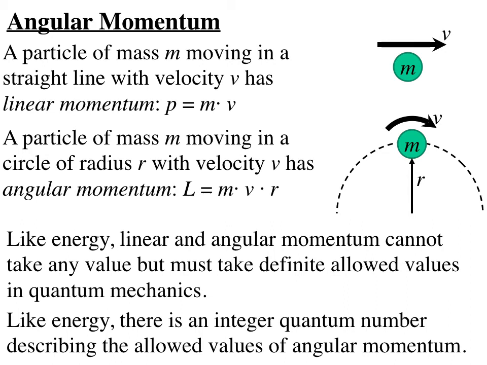So the Earth has angular momentum as it goes around the sun. An underhand softball pitcher who's twirling their arm around and around to release the ball is going to give linear momentum to the ball, but first generates a bunch of angular momentum by spinning the ball circularly in their hand.